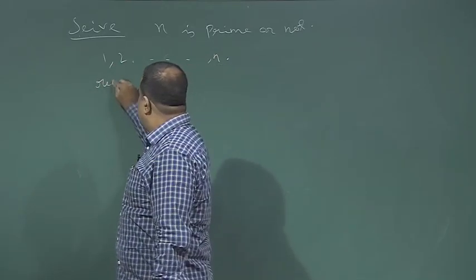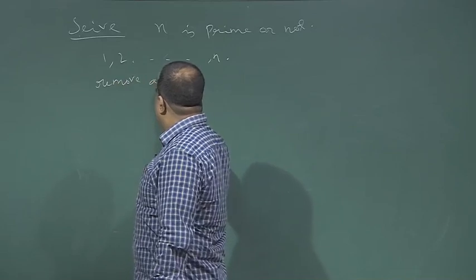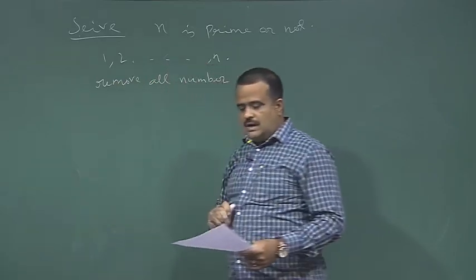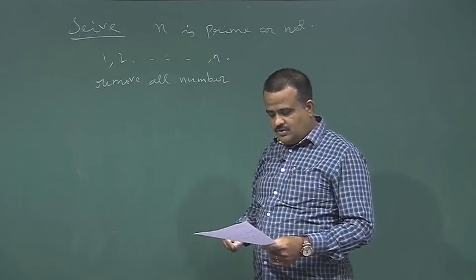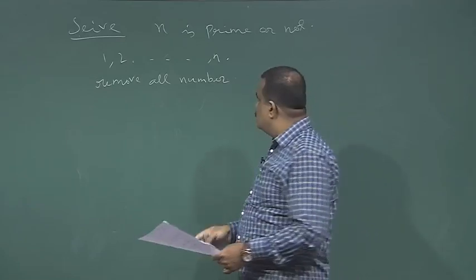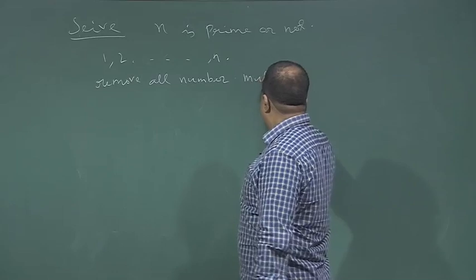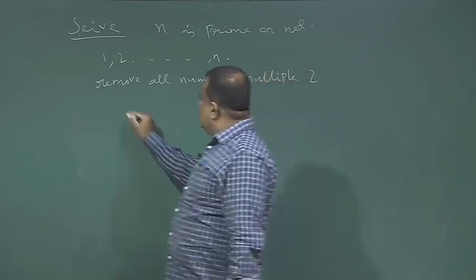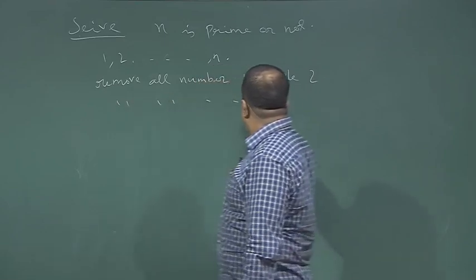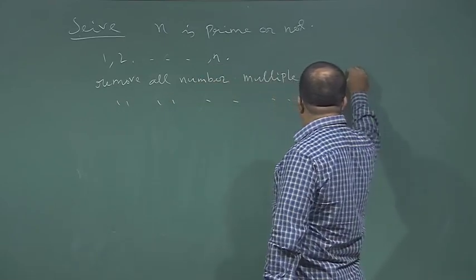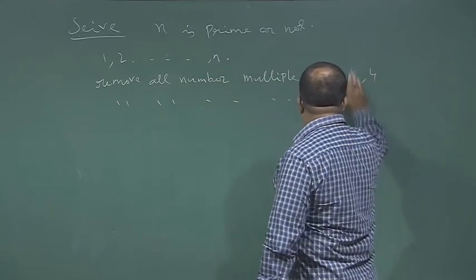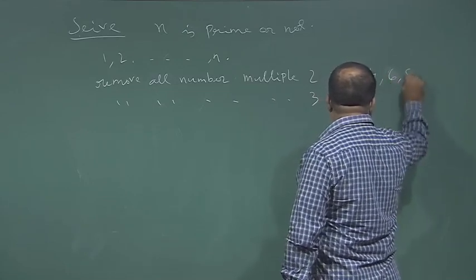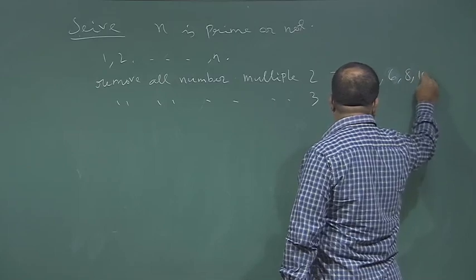We first remove all the numbers which are multiples of 2. Then we remove all the numbers which are multiples of 3. Multiples of 2 means 2, 4, 6, 8, 10 like this.